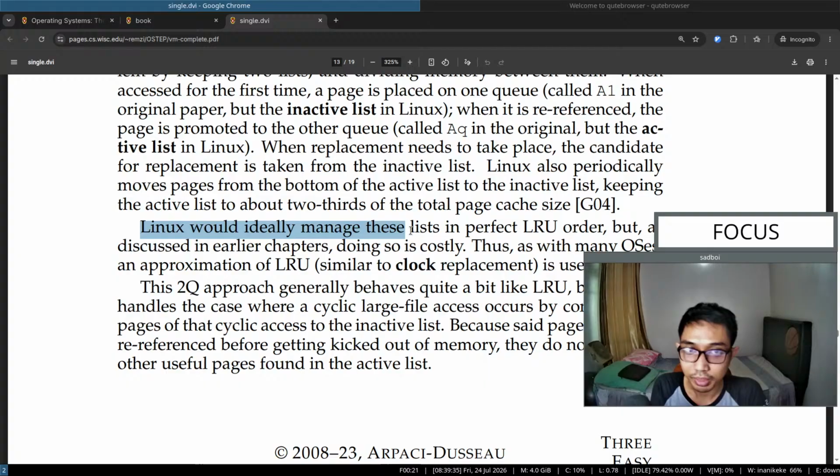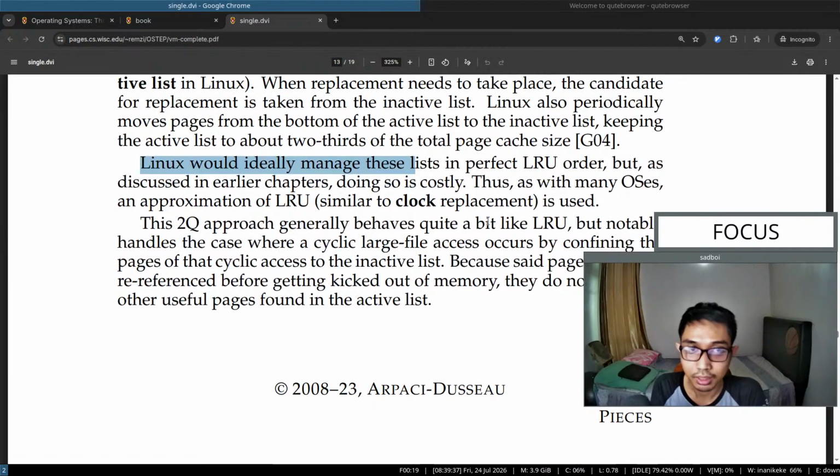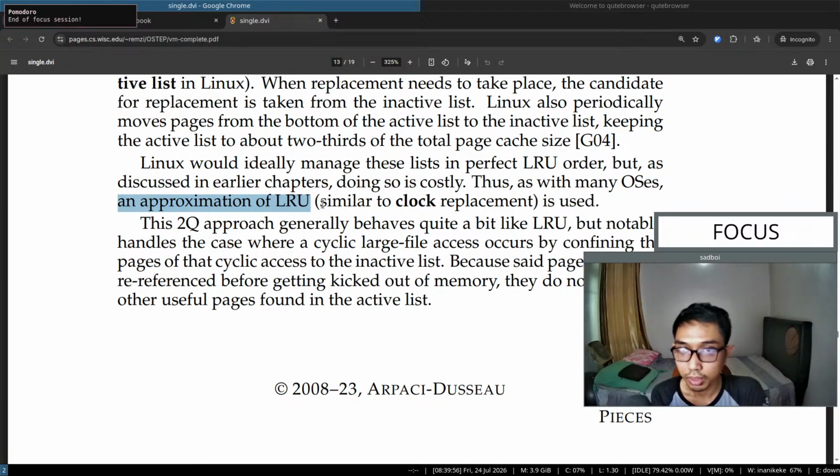Linux would ideally manage this list in perfect least recently used order, but as discussed in an earlier chapter, doing so is costly. Thus, as with many operating systems, an approximation of LRU similar to clock replacement is used.